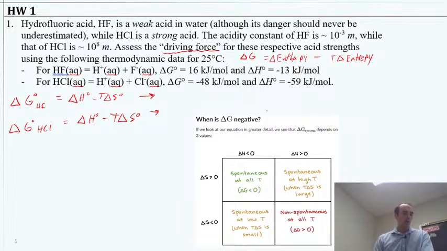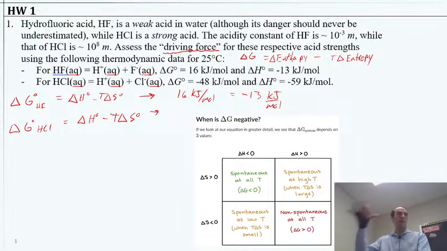So for HF, we're given 16 kilojoules per mole, and on the right side, we have negative 13 kilojoules per mole. We already have enough information to find the T delta S term, so we don't have to do anything too complicated just to set it up this way and look at it, right?